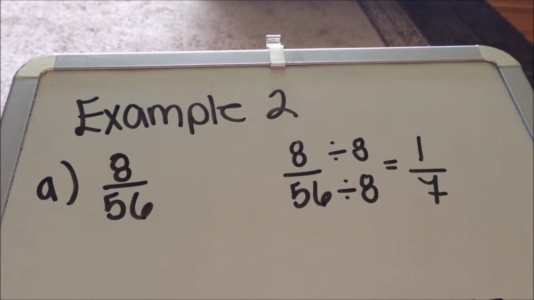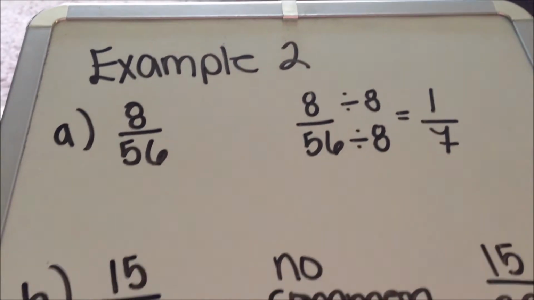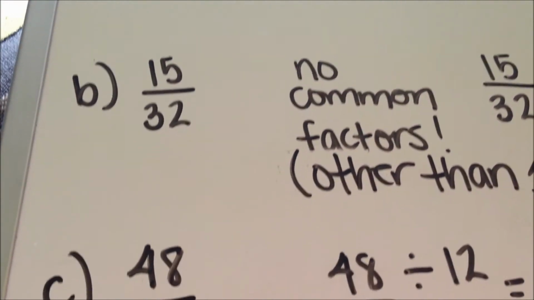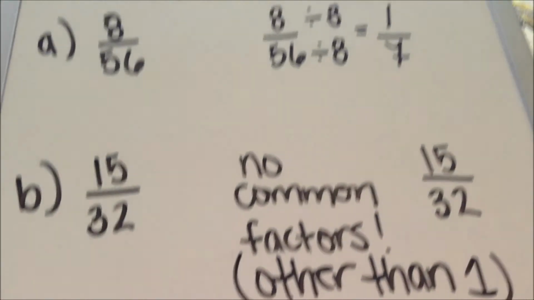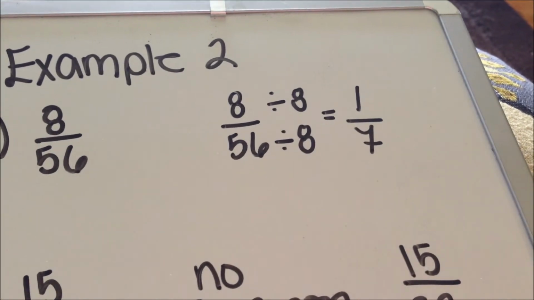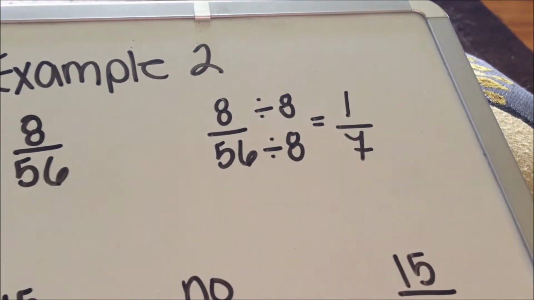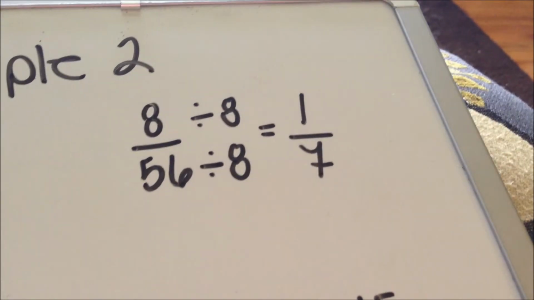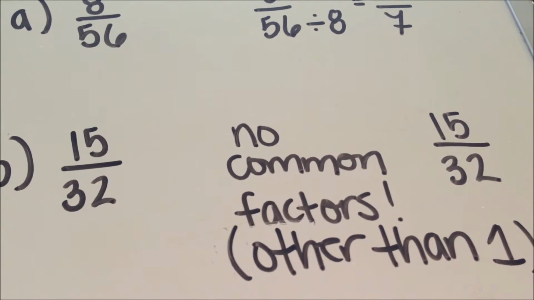Example 2. Reduce or write in simplest form the following problems: 8 over 56, 15 over 32, and 48 over 36. For part A, we have 8 over 56, and you'll notice the GCF amongst the two numbers in the fraction is 8. So 8 divided by 8 and 56 divided by 8 gives you an answer of 1/7. 15 over 32.